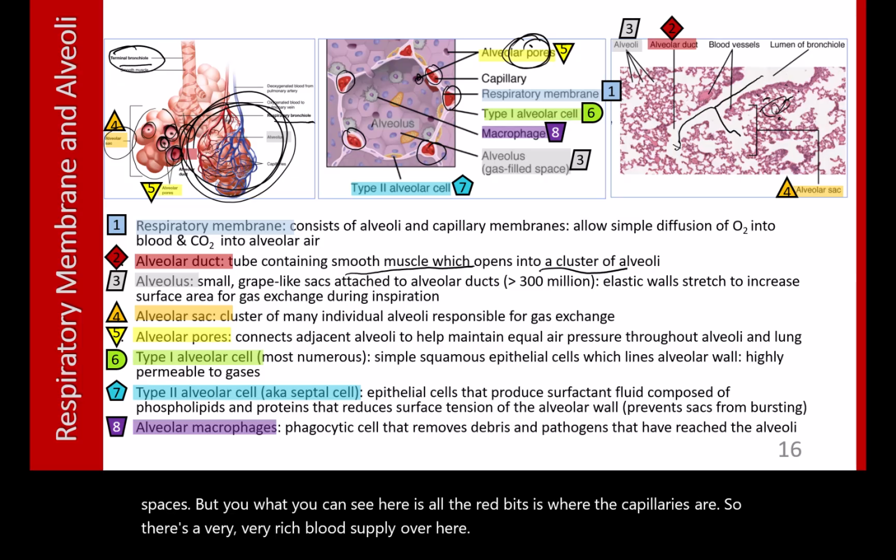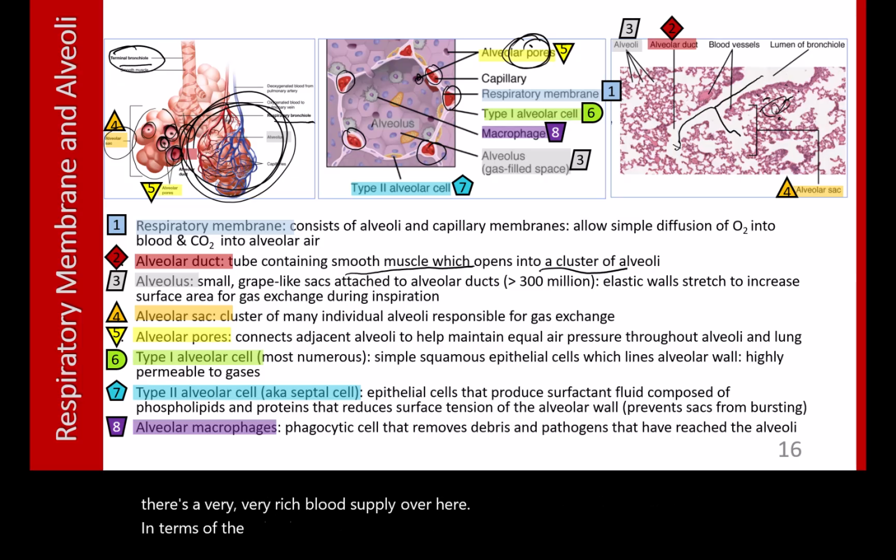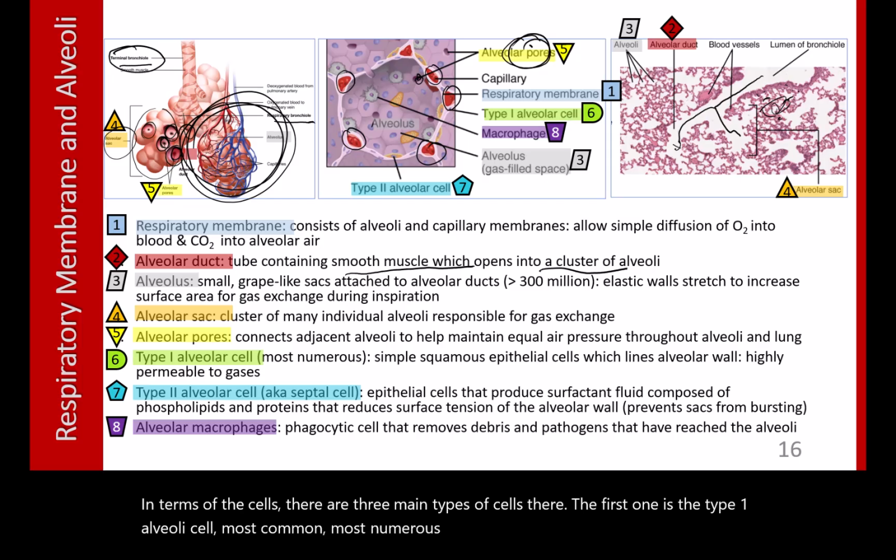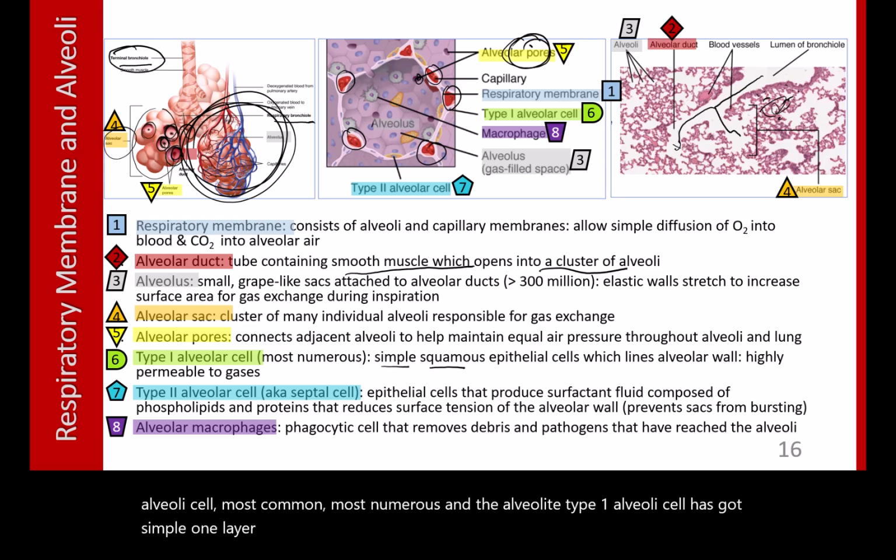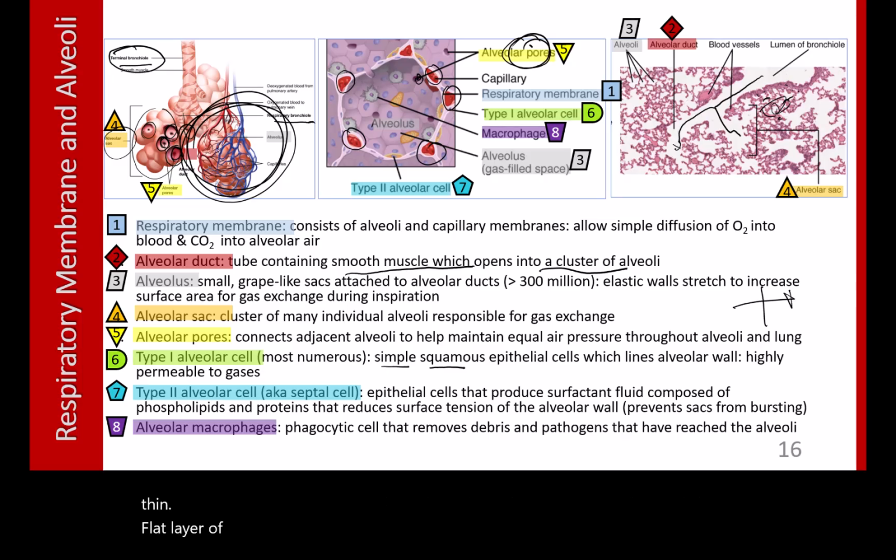In terms of the cells, there are three main types. The first one is the type 1 alveolar cell, the most common, most numerous, which is a simple one-layer squamous flat cell to promote gas exchange, right? A very thin, flat layer of epithelium so that gases can go in and out.